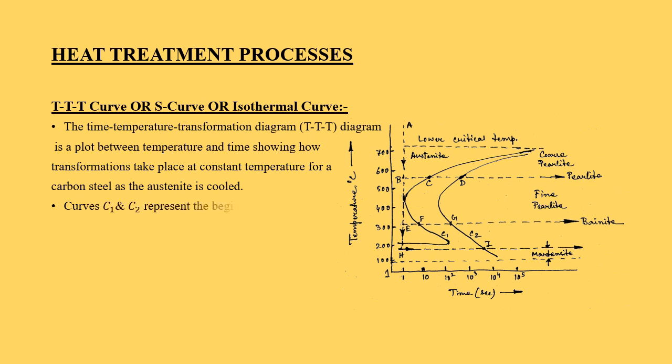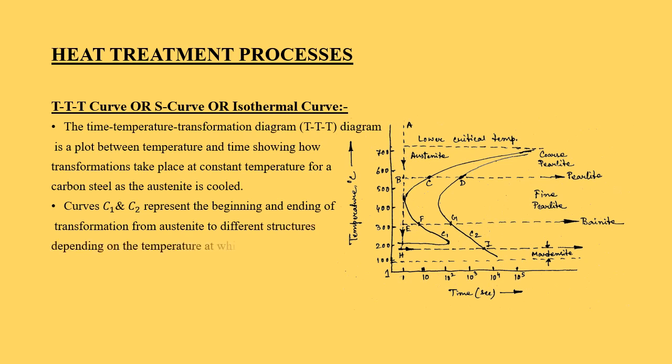In the diagram, curves C1 and C2 represent the beginning and ending of the transformation from austenite to different structures, depending on the temperature at which the transformation takes place.